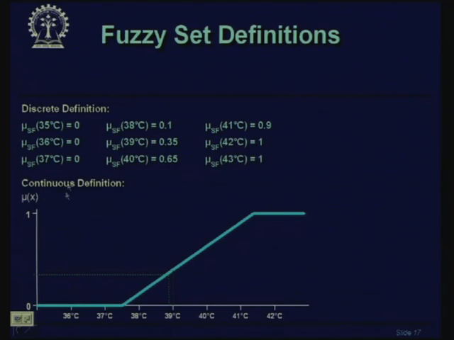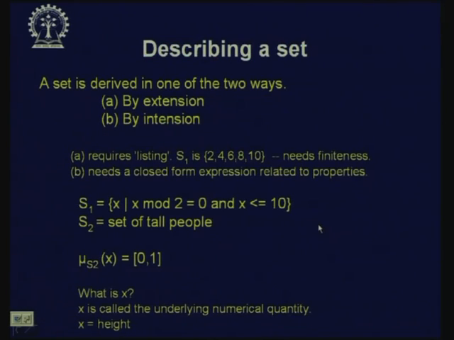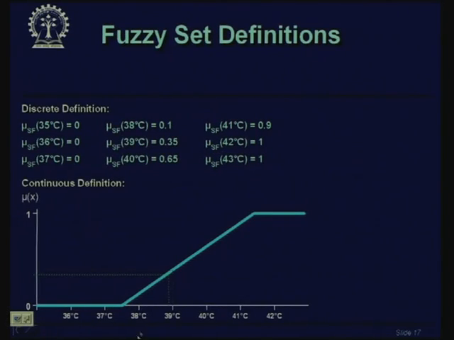Whereas, you see this is the continuous definition here, this is the curve going up. So, we can take any particular value and come to this point and find out the membership. 41 degree membership is somewhere here, it is 0.9. So, 39 degree its membership is somewhere here, and 38.9 degrees membership somewhere here.